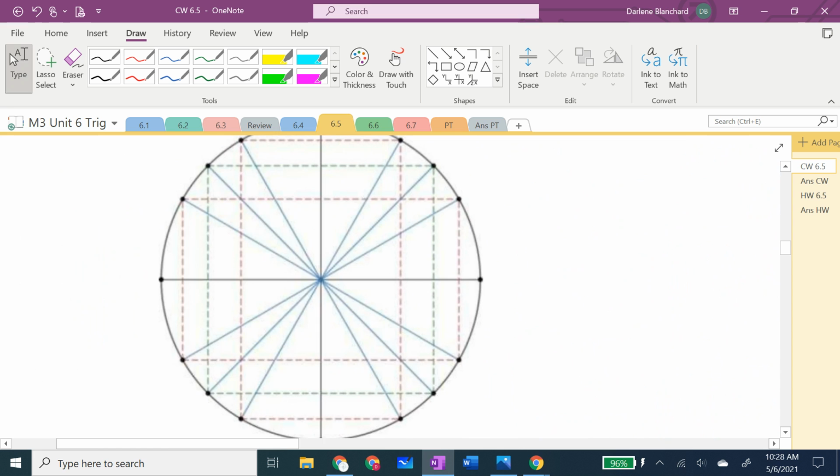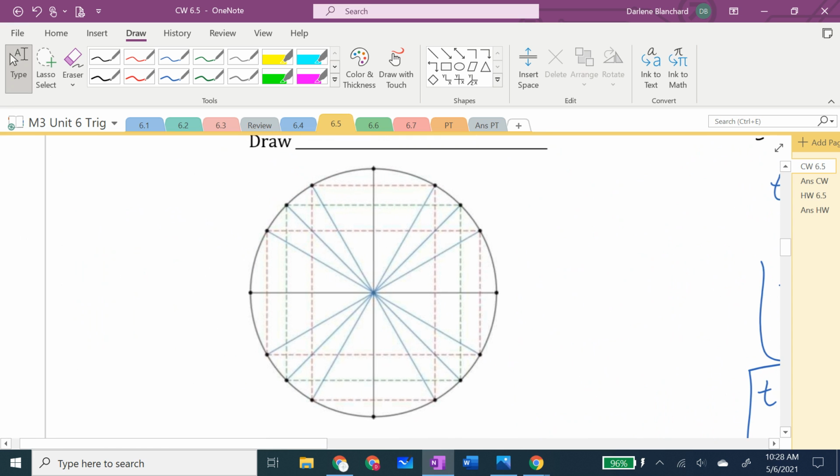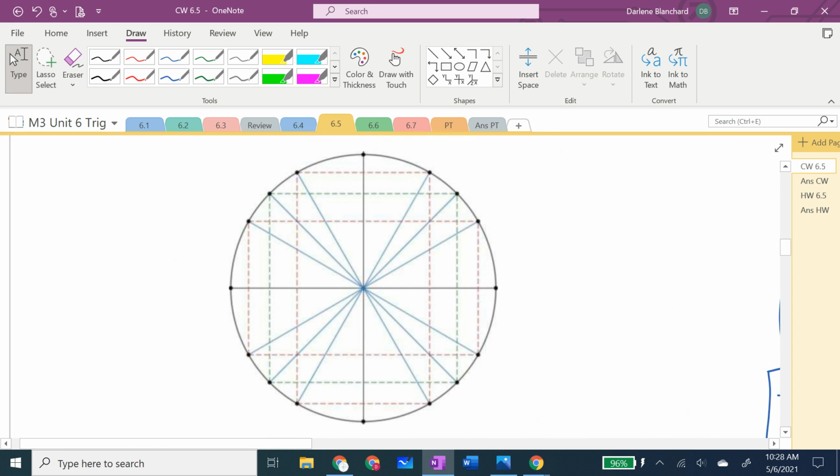And I want you to just look at this circle right here and think about all these lines that I just talked about and what their slope is. So if I say draw a line through the origin with a slope of 0, what would you draw?